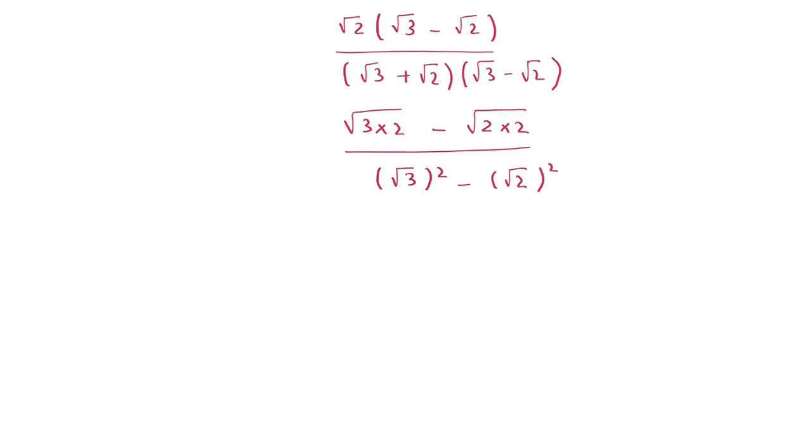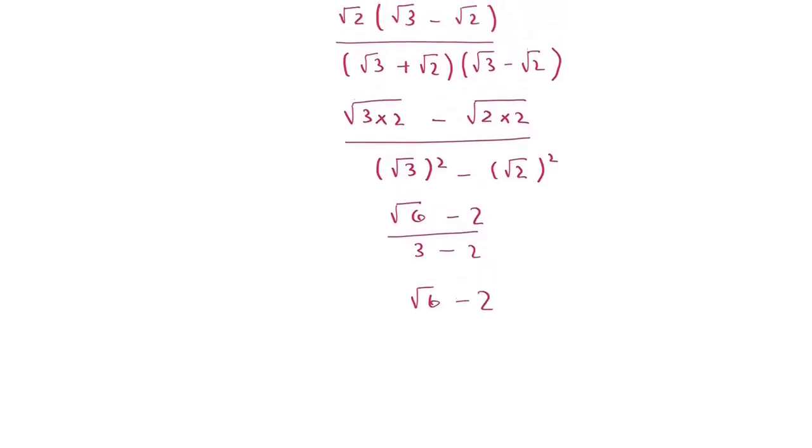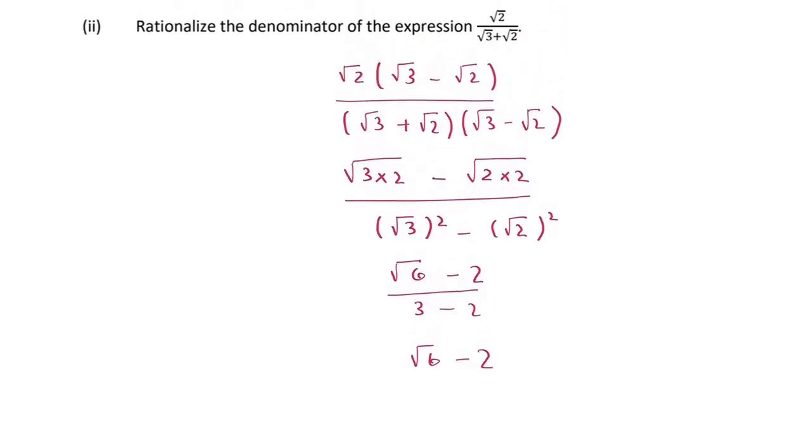Solving this becomes √6 minus 2 over 3 minus 2. Solving this, we are having √6 minus 2. And this is going to be our answer.